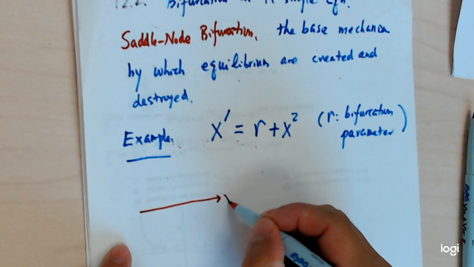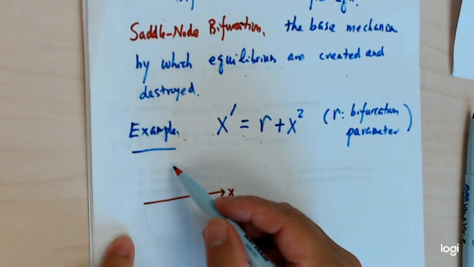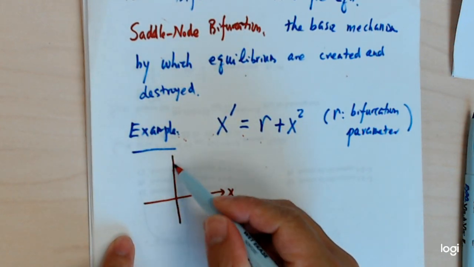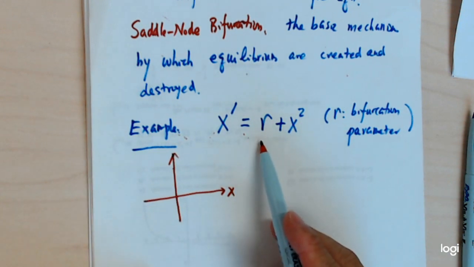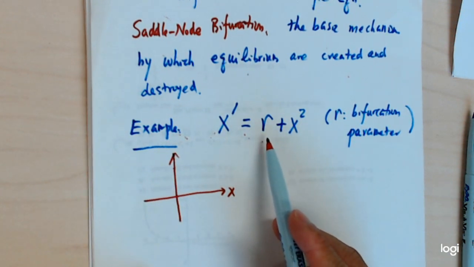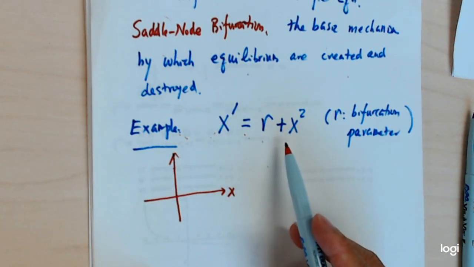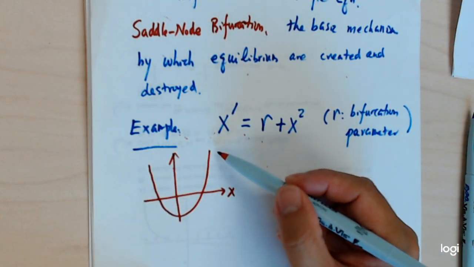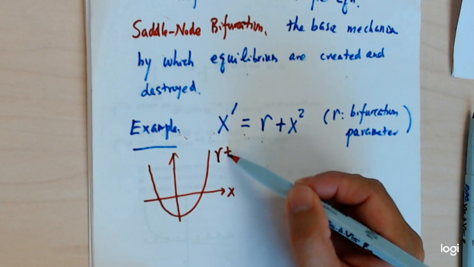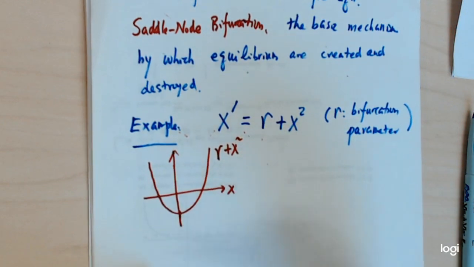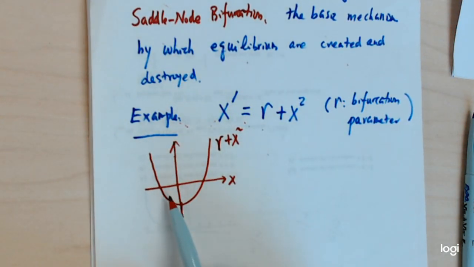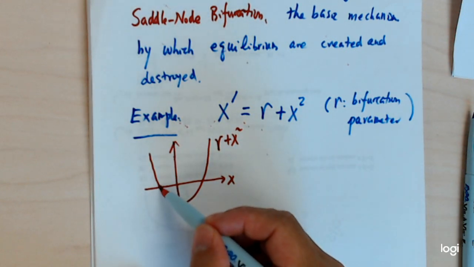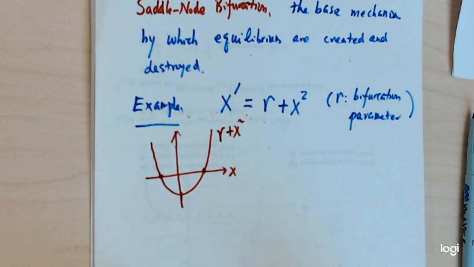We have the x-axis here. We want to find out the number of equilibria, which is really the graph of r plus x squared. Here's one possible graph of r plus x squared, and it intersects the x-axis at this point and then here.